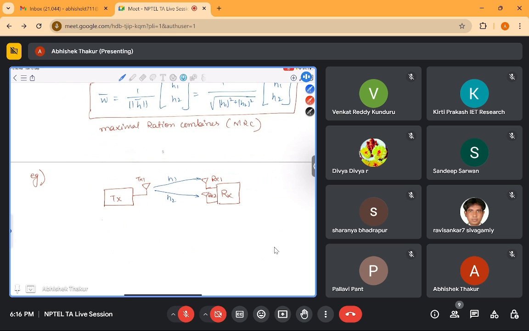The channel vector is given as H1 is equal to 1 by root 2 plus 1 by root 2 j. So this is a complex vector. H2 is also given as 1 by root 2 plus 1 by root 2 j.